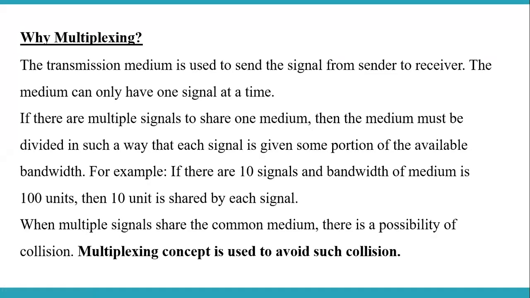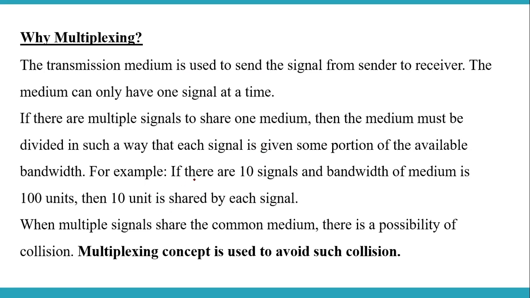So why do we need multiplexing? The transmission medium is used to send the signal from sender to receiver. The medium can only have one signal at a time. If there are multiple signals to share one medium, then the medium must be divided in such a way that each signal is given some portion of the available bandwidth.